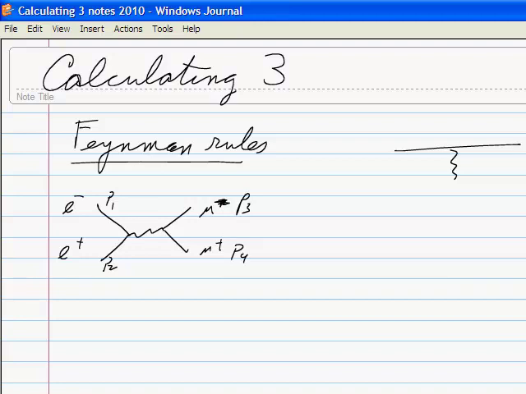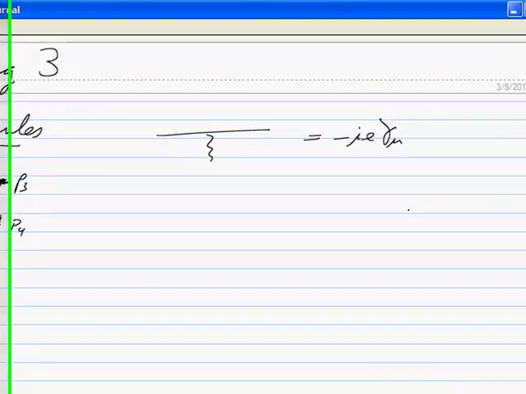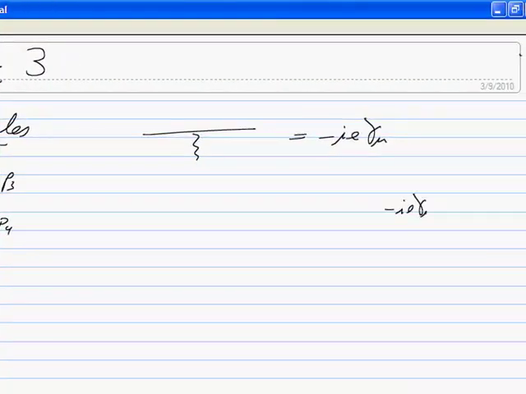Now, you see there's going to be gamma mu's there, and the initial state, let's stick it over here, there's a minus i e gamma mu, and you stick around that u's and a v bar. So the answer is u of p1, the electron one, v bar of p2.